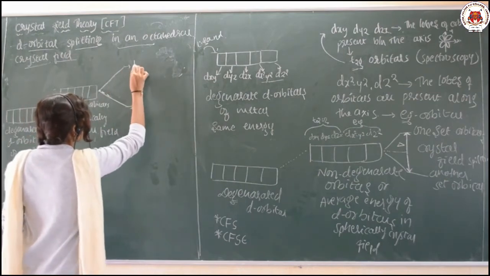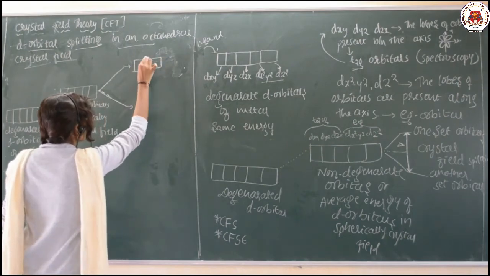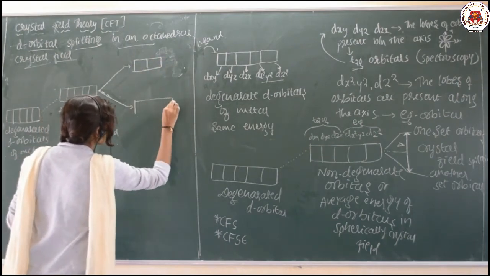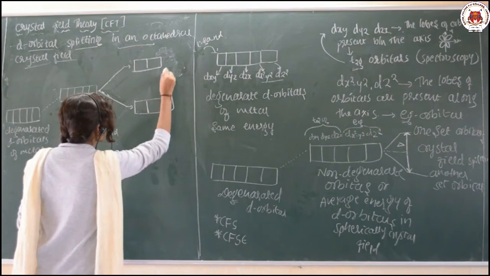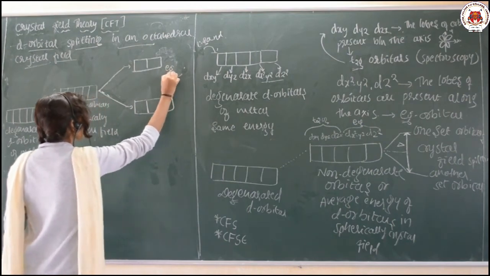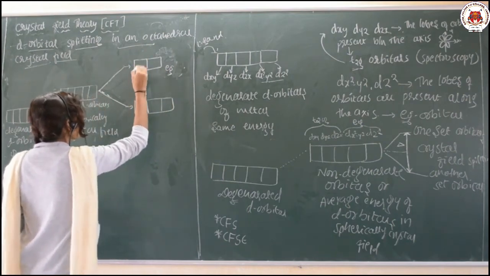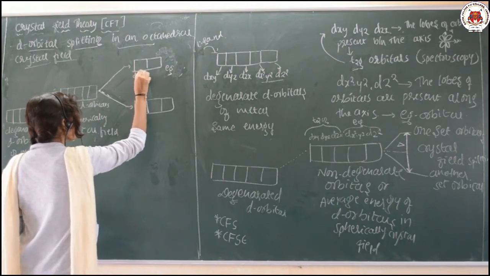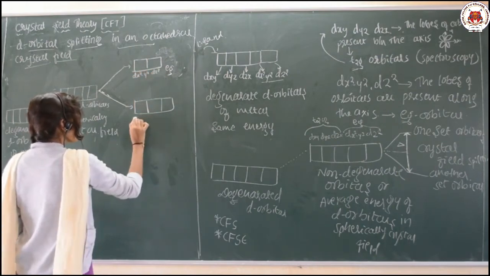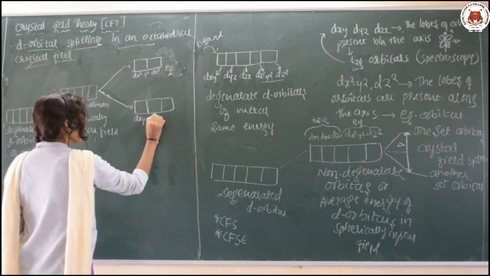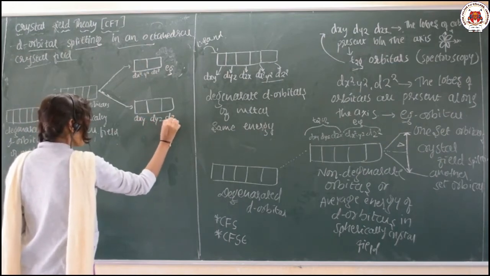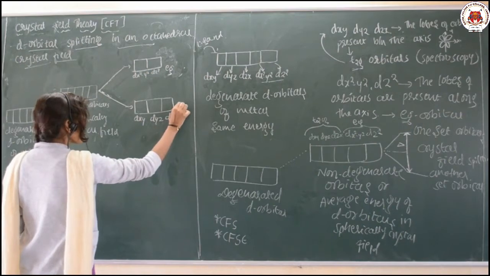So here this is the Eg level. Which are the orbitals here? dx square minus y square and dz square. This is dxy, dyz and dzx, this is the T2g level.